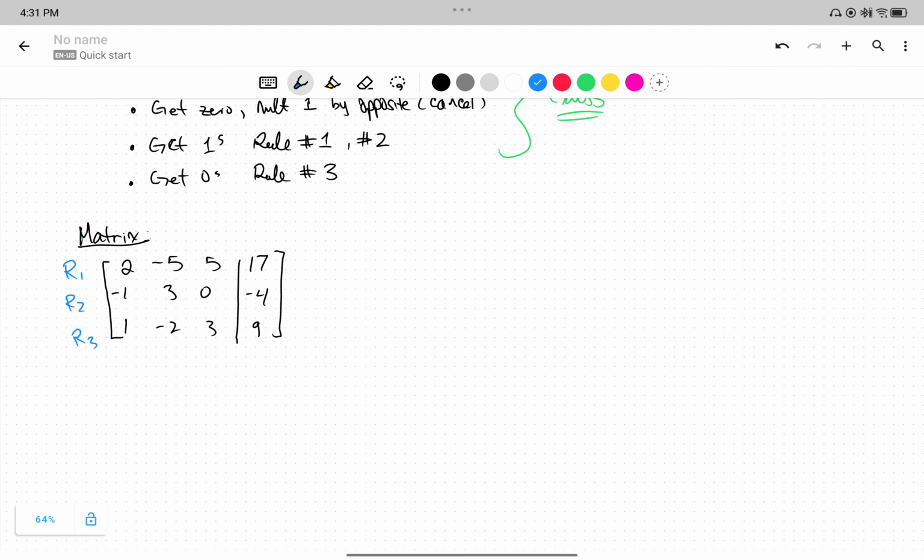What we need is, instead of a 2, this needs to be a 1. That's first. After you get the 1, the numbers below need to be zeros, but 1 is first. Step number 1.